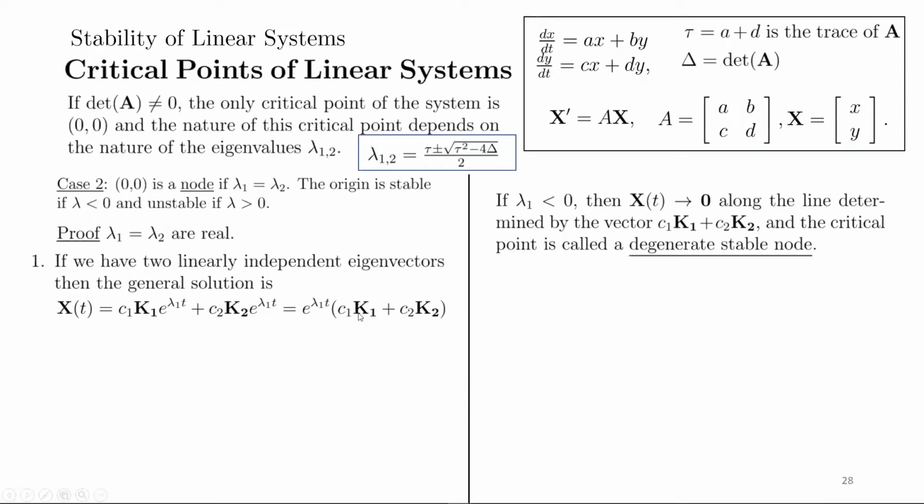So the sum of these two vectors gives us a direction, and we're saying that if we start on that line, we move towards the critical point at the origin along that line. Okay, and we call the critical point a degenerate stable node in this case. Degenerate because the eigenvalues are repeated.